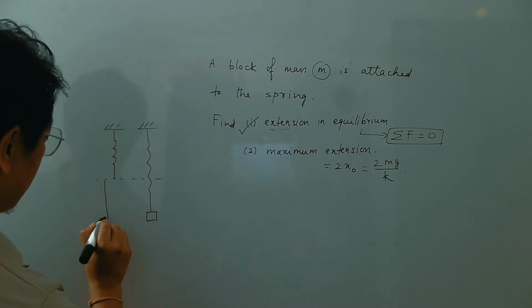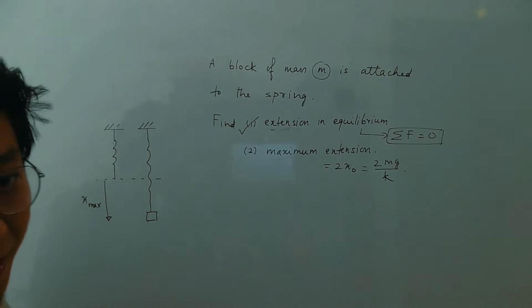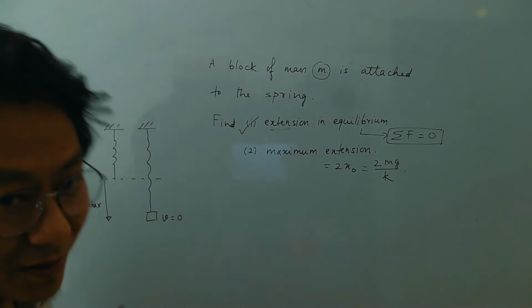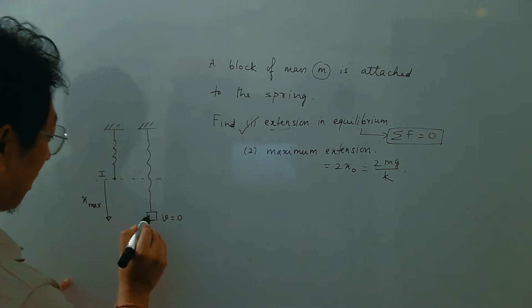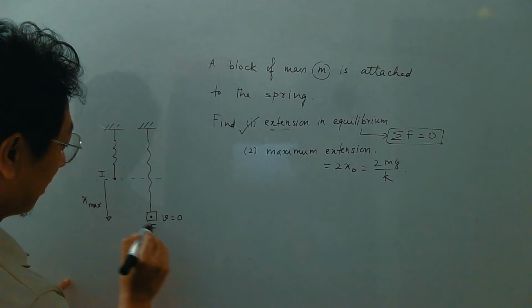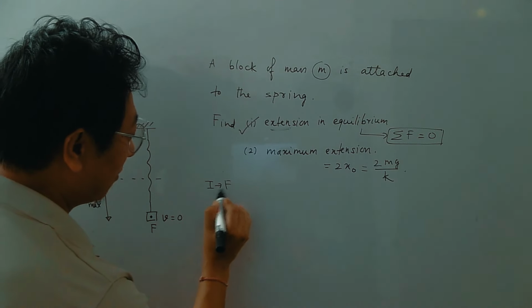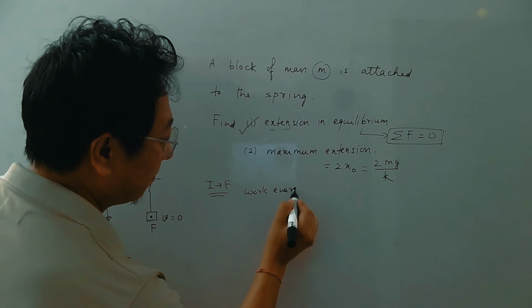This is your maximum extension, right? And at this point its velocity is momentarily 0. Let us call this point initial and this point final.